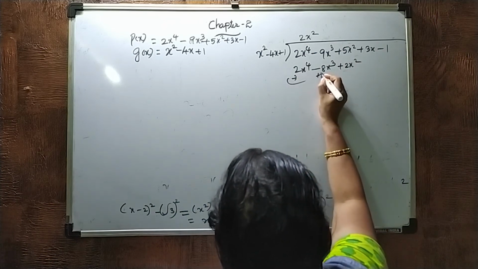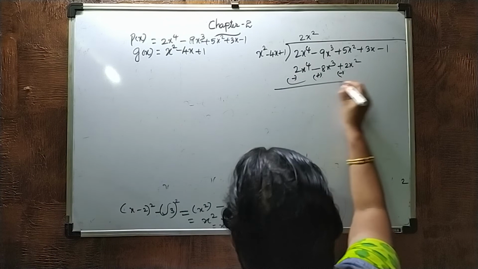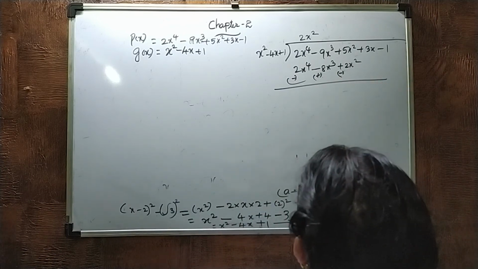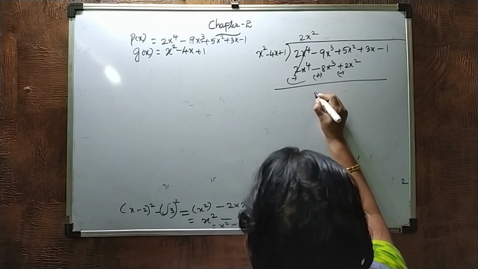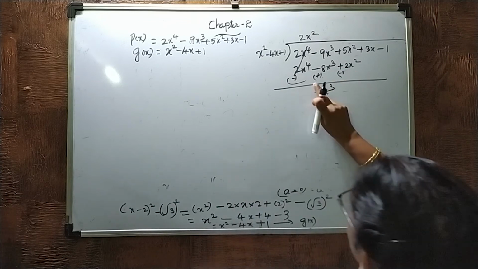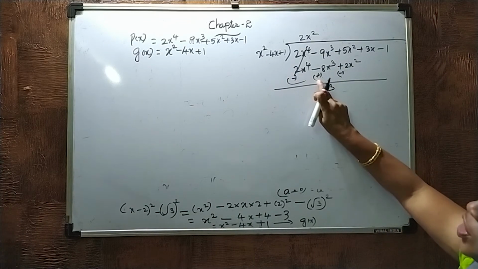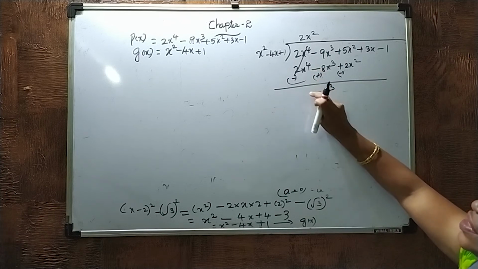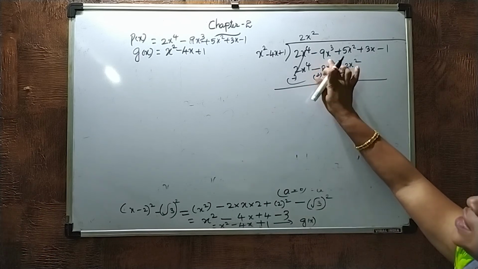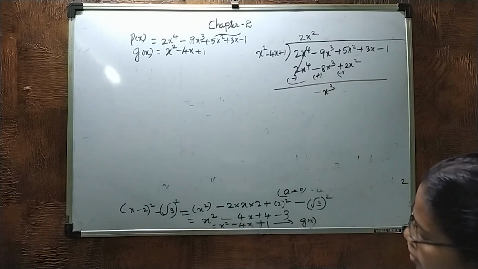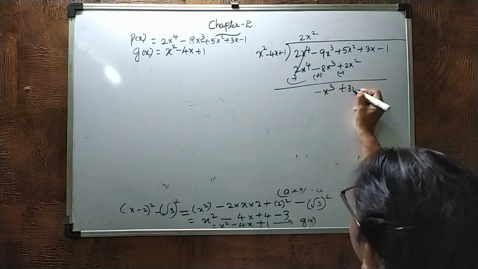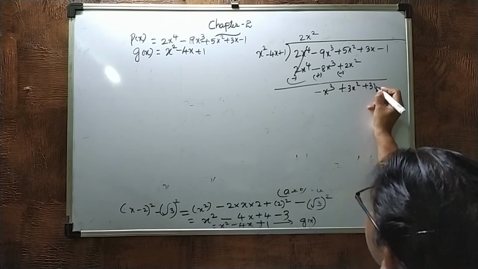Then minus, plus, minus. So when you cancel, this one will be cancelled, and here it is minus x cube. Remember that when you are taking the bracket, you have to take the sign only for that, don't take this one as a sign. So it is minus 9 and here plus 8, so minus 1 you will get. And then plus 3x square, then plus 3x.